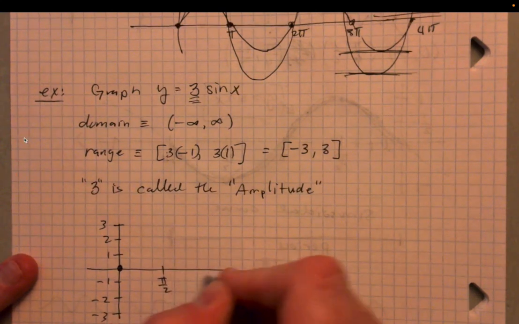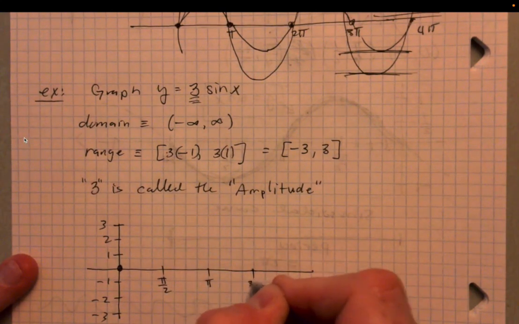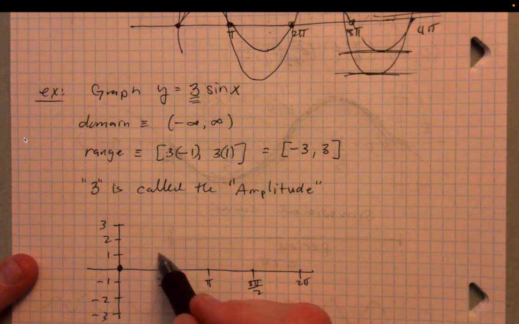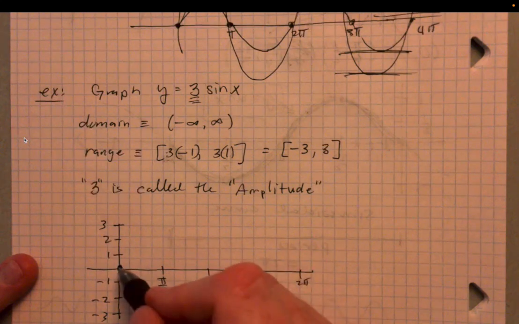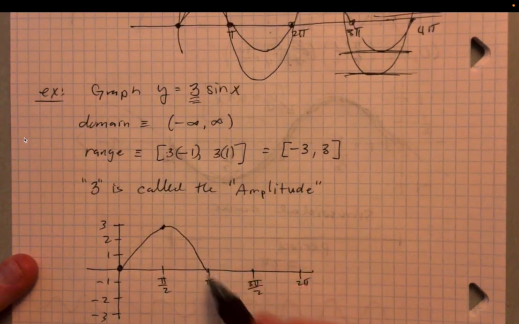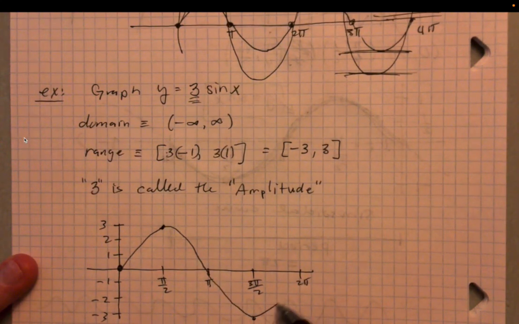Here's pi over 2. There's pi, 3 pi over 2, 2 pi. And instead of going up to 1 only, it's going to jump up to 3. And then it's going to come back down to 0. And then it's going to go down to -3. And that's going to come back up to 0. And of course, it keeps going like that in both directions.